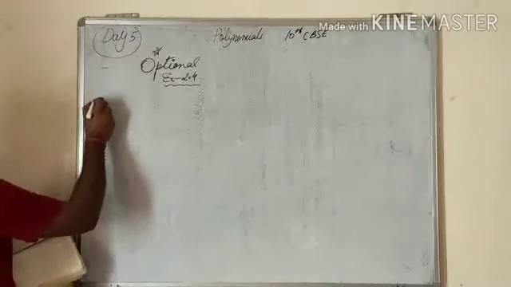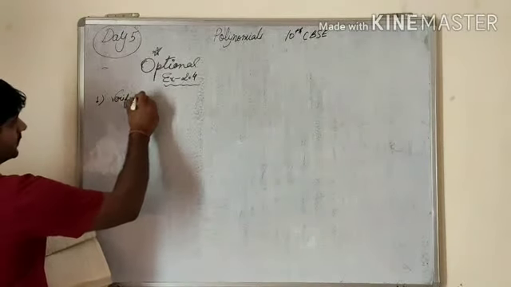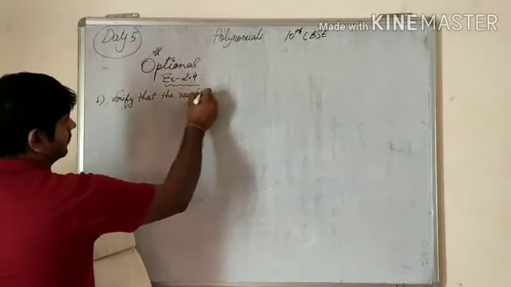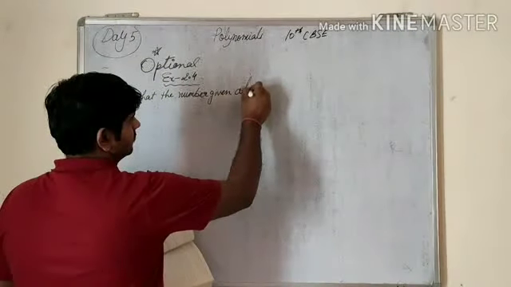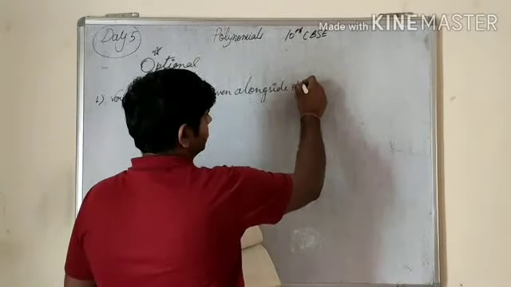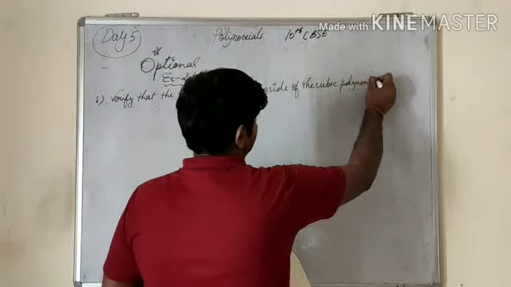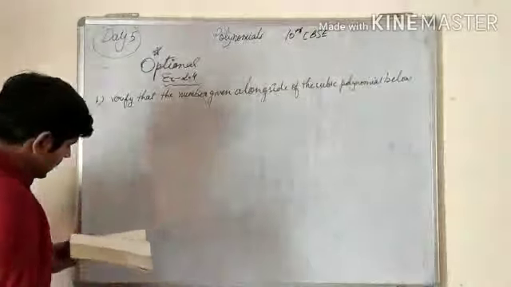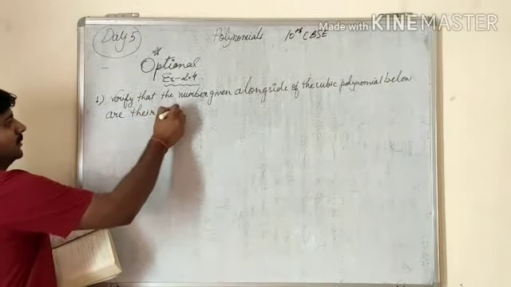First question, verify that the numbers given alongside of the cubic polynomial below are its zeros.